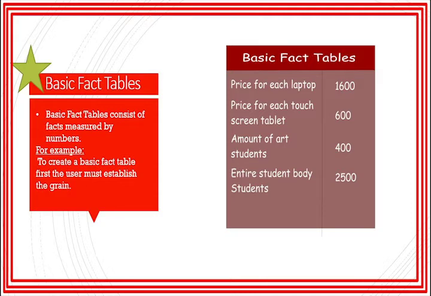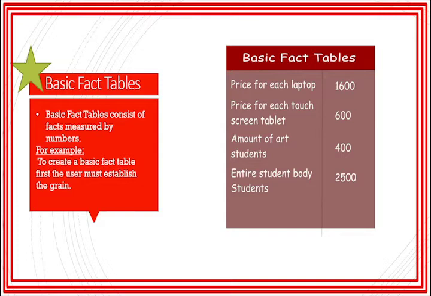Basic fact tables consist of facts measured by numbers. For example, to create a basic fact table, first the user must establish the grain. For example, Young Universities must order laptops for the entire student body, but the art department also needs smart touchscreen tablets. We need to establish measurable topics and the corresponding number.